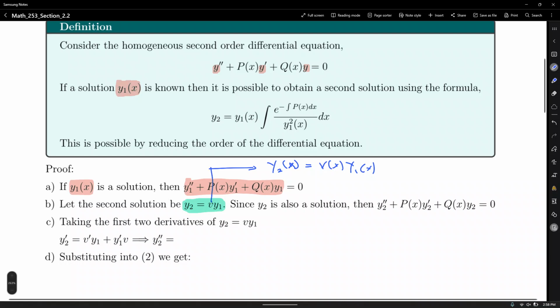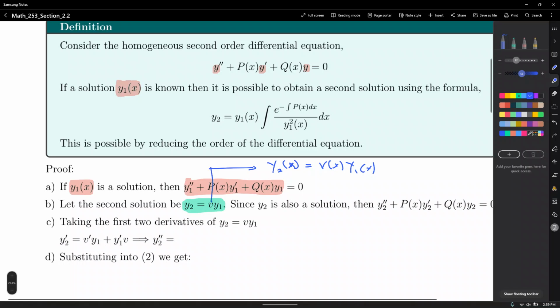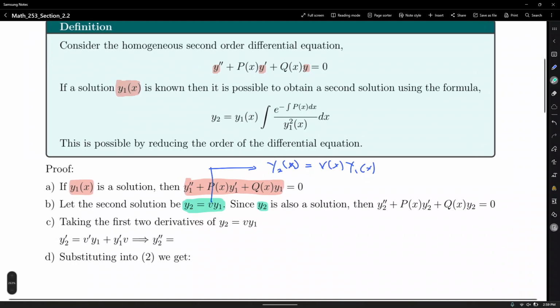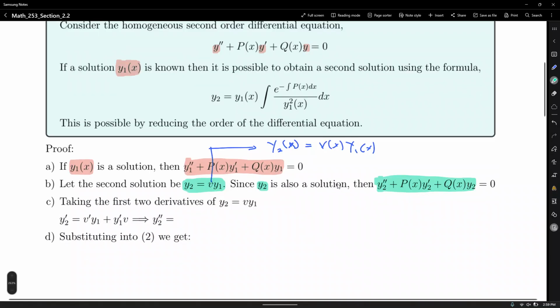Now again, because y sub 2 is claimed to be a solution, it will satisfy the differential equation. Substitute into the differential equation, and of course it's going to give you 0 equals 0. We're going to take the first two derivatives of this solution.